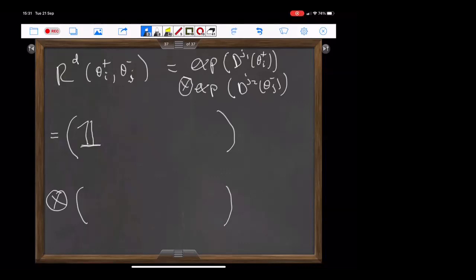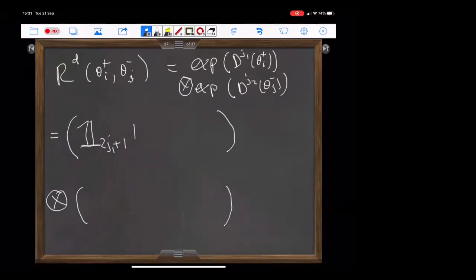It's the identity in the spin J1 representation, so the spin J1 representation has dimension 2J1 plus 1. But that's okay, because you're still getting used to SU2 representation theory.